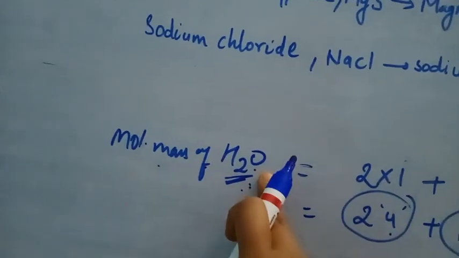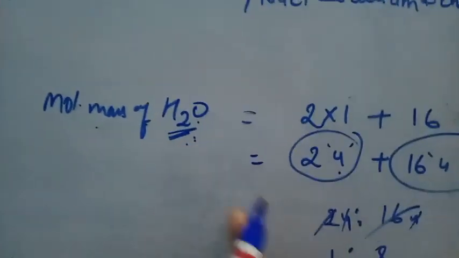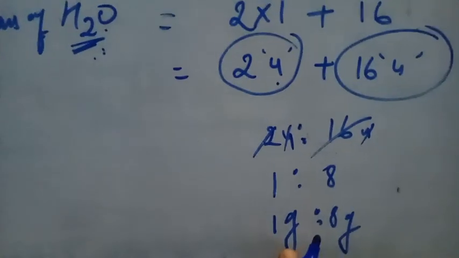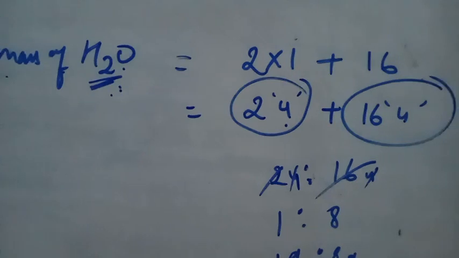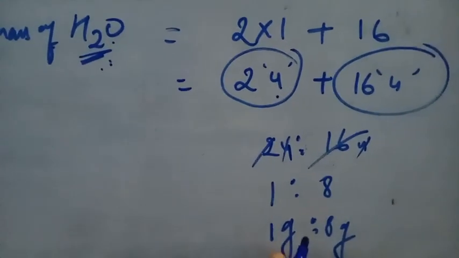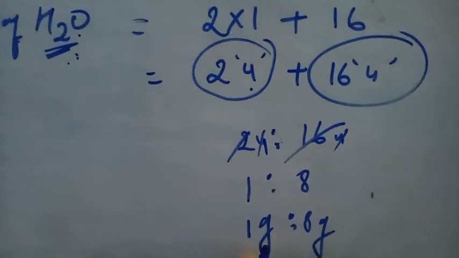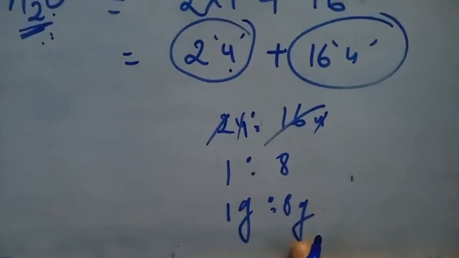Molecular mass of water means what? The mass of 1 molecule of water. And if you want to get 1 mole of water, then you have to combine 1 gram of hydrogen with 8 grams of oxygen.